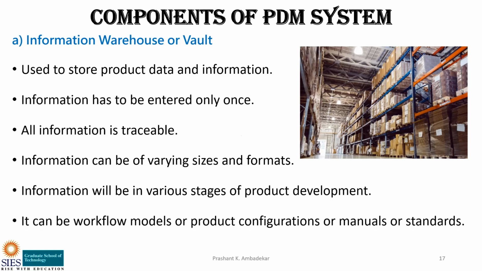The information warehouse can also store information such as relationship between products, the workflow model, product configuration. It also has a facility to store computer applications and technical manuals. It will store procedures, standards, everything which is related to the product will be stored in the information warehouse or vault.